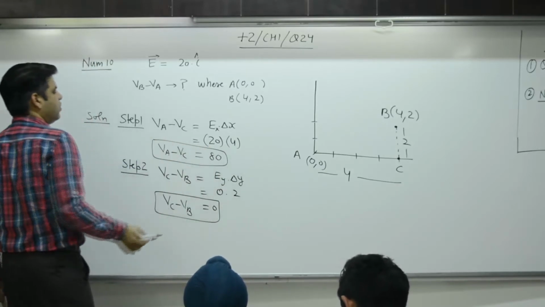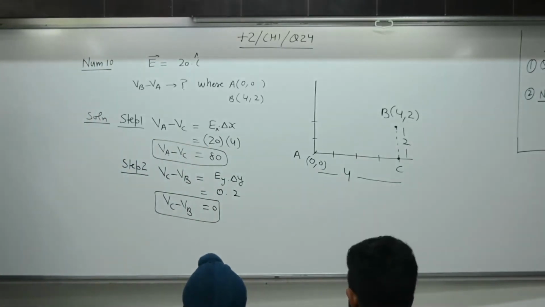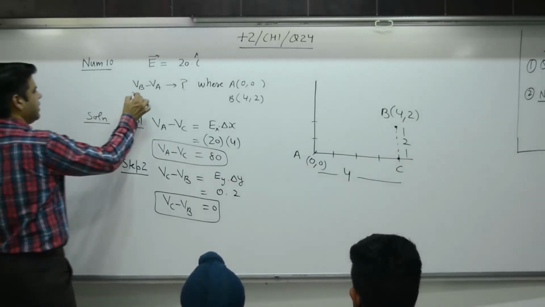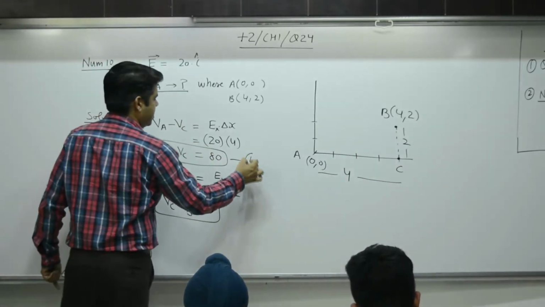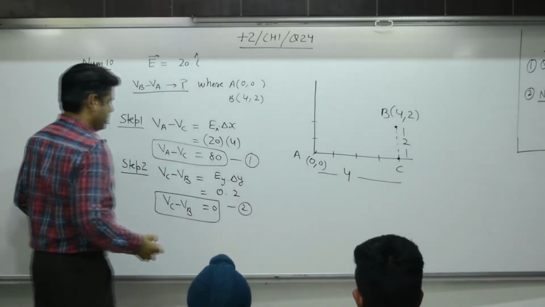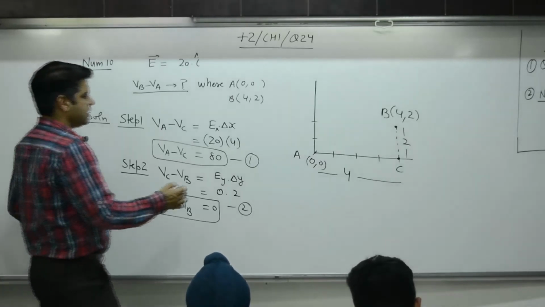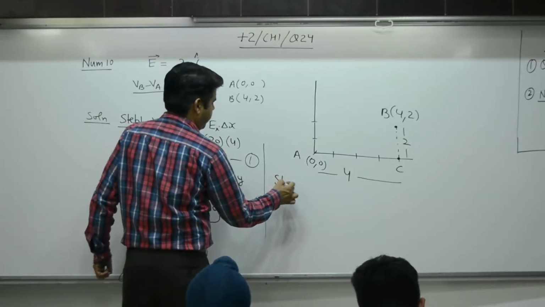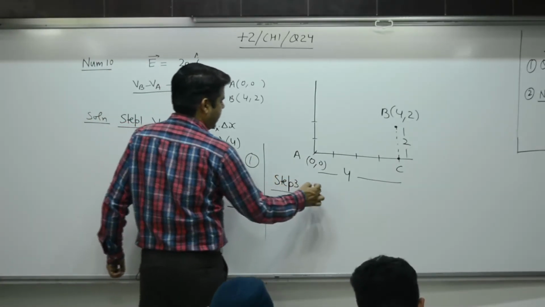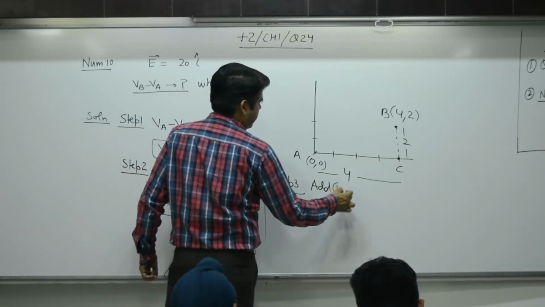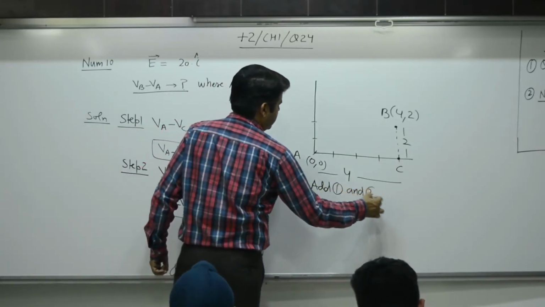Yes, what you are looking for is Vb minus Va. This is equation number 1, this is equation number 2. If you add equation number 1 and 2, that means step 3 is add 1 and 2.